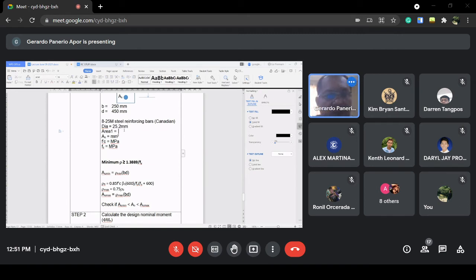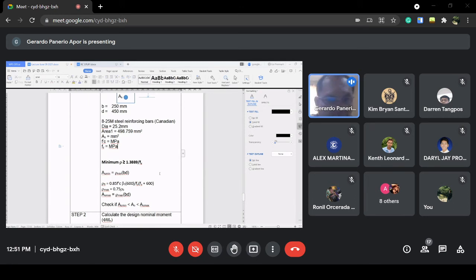So the area, simply the square of the diameter times pi over 4. So 25.2 squared times pi divided by 4. So I have 498.759 mm squared.